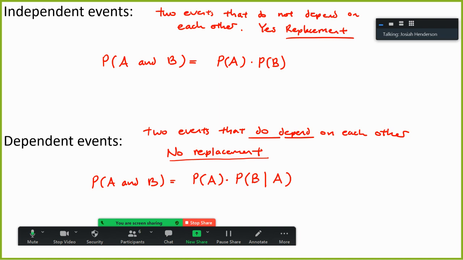This symbol we're looking at, B line A, means probability of B given that A has already occurred. So in our example, that's multiplying by picking a red after we've taken out a blue already.